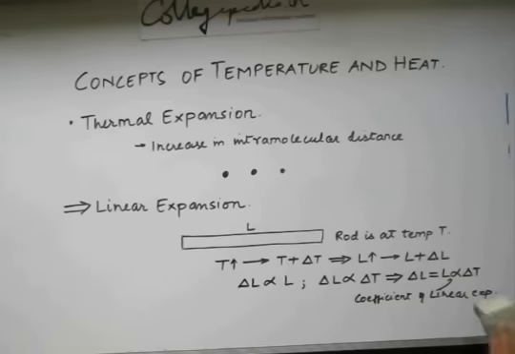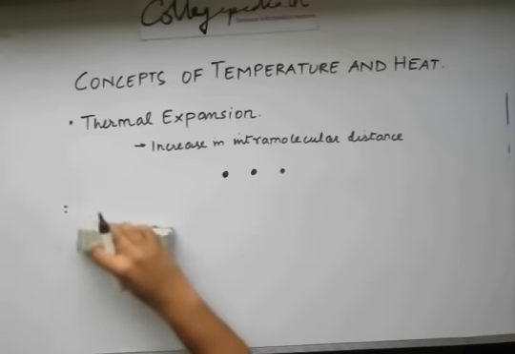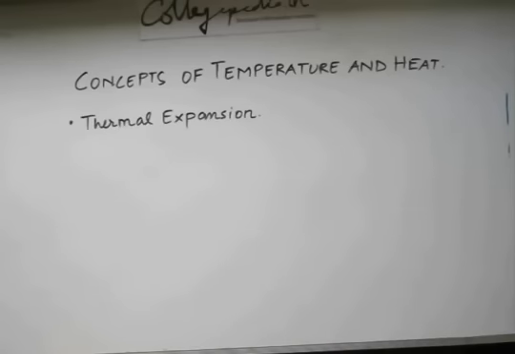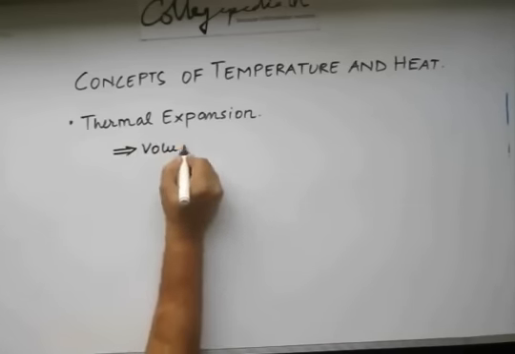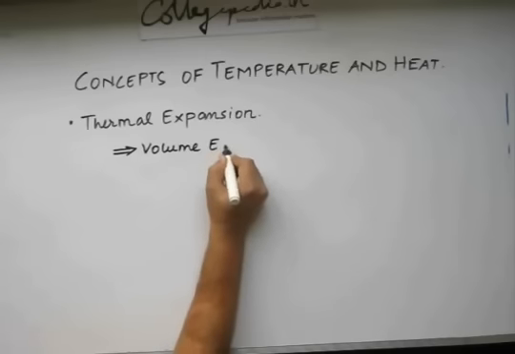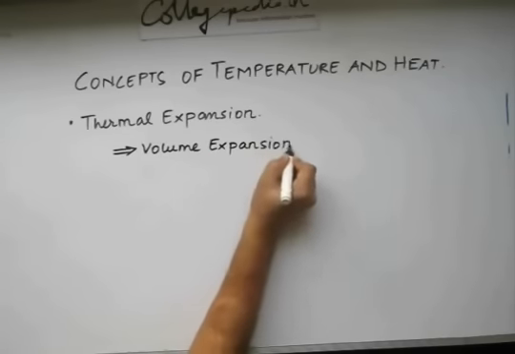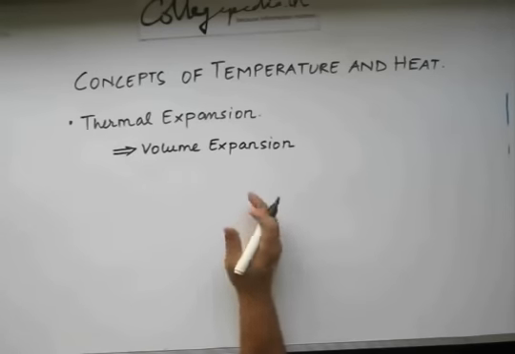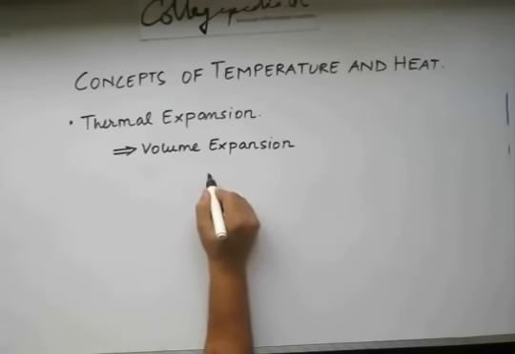Having said this, let us now look at volume expansion. Volume expansion, as the name implies, will result in an overall increase in the volume of the body being heated. So let's say we have a cube.